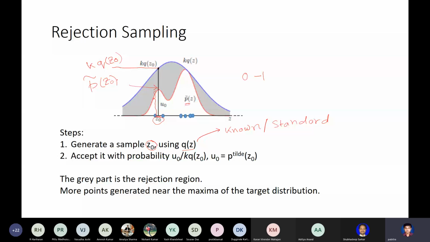So you take the ratio of P tilde(z0) by k q(z0). Since k q(z0) is an upper bound, this ratio will be less than or equal to 1. Let's call this ratio R. You generate a random number between 0 and 1.